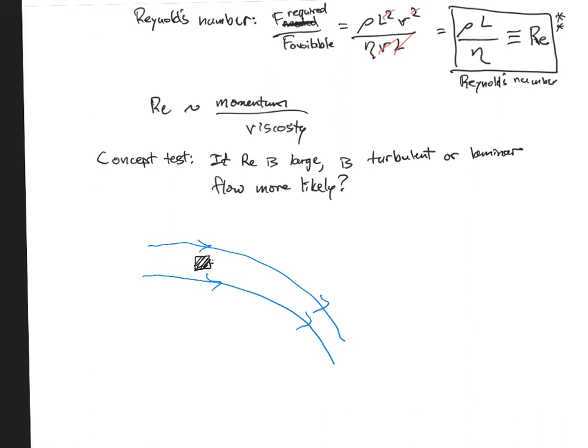So large momentum means that it tends to continue moving in a straight line rather than curving, and so it's going to, in a sense, collide with these other volumes of water, and that collision is going to tend to cause turbulence. So large Reynolds numbers are associated with turbulence.